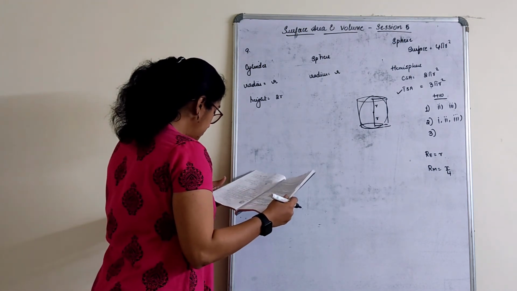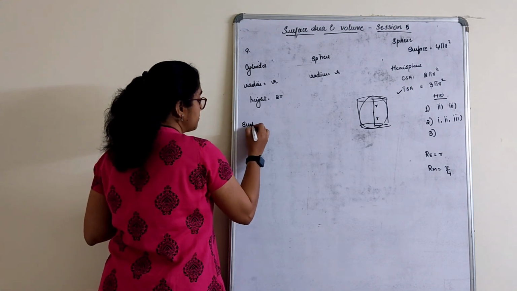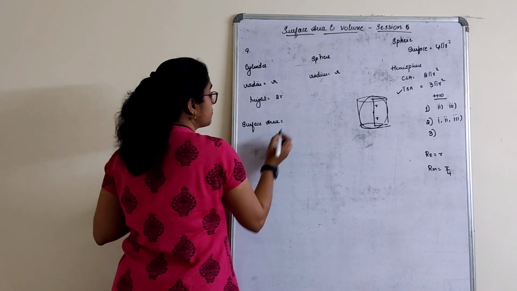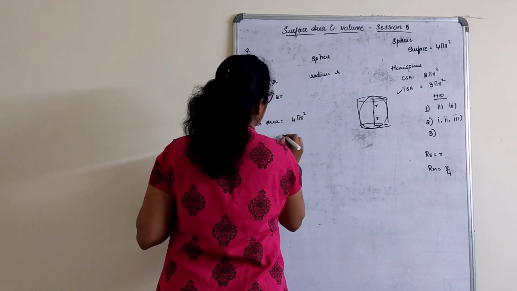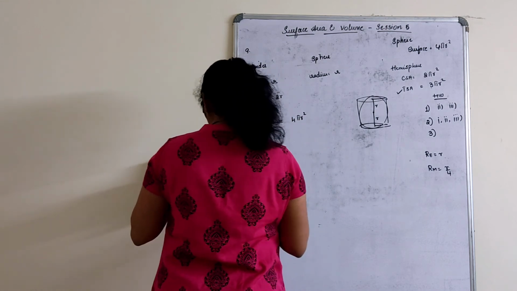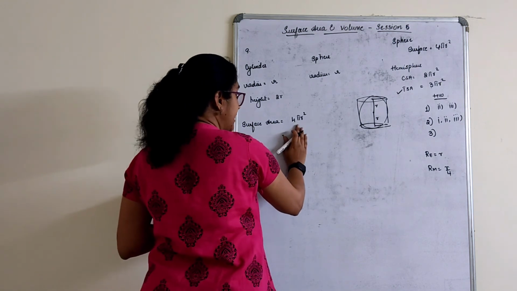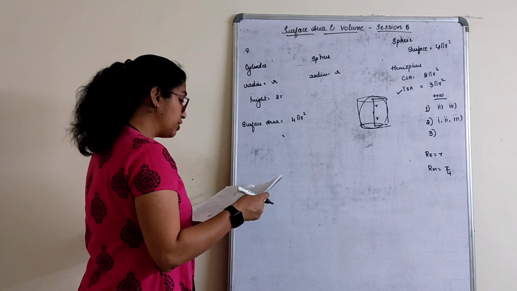Now what we have to first find? Surface area of the sphere. Surface area is equal to 4 pi r square. So let us keep this pi in terms of this only, because when we are cancelling it, finally we have to find the ratio of that.